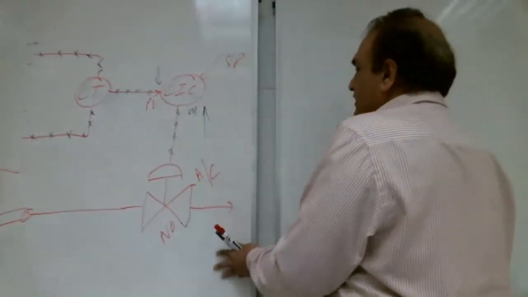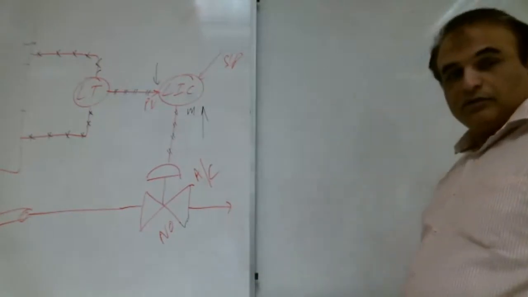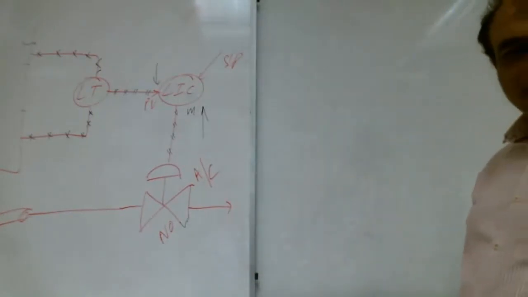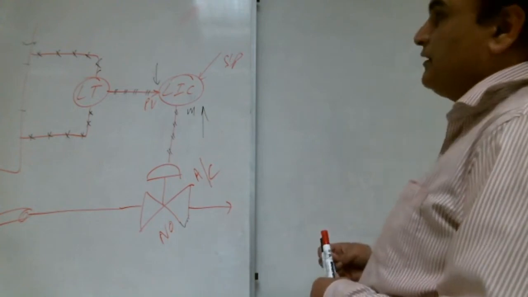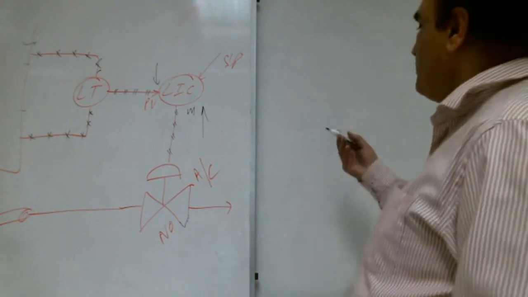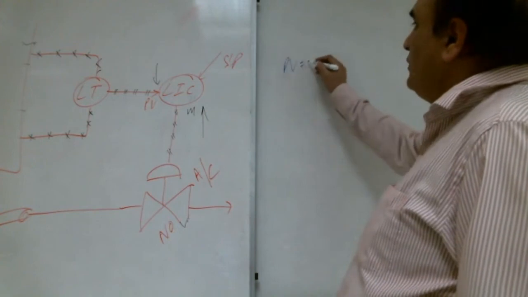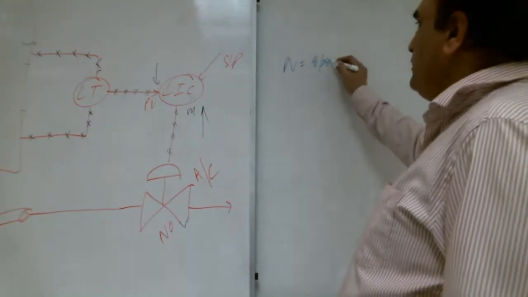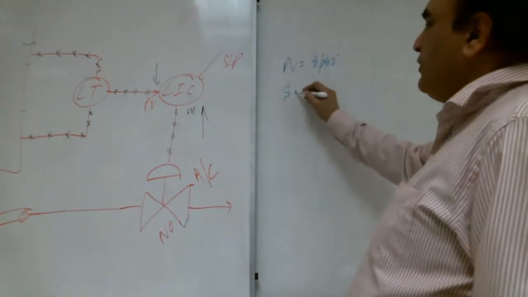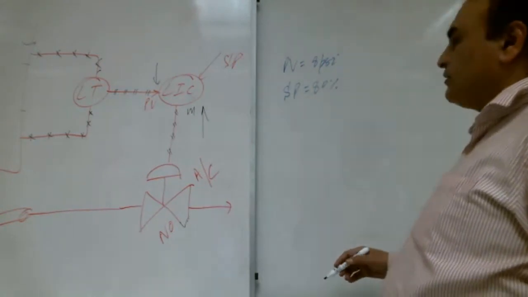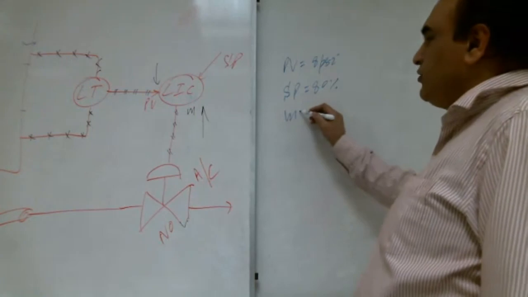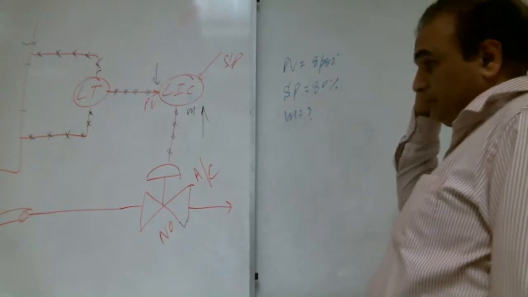Okay, Shabab, now this question, a similar question comes in the exam and on the plant in a lot of places. For example, the PV is 8 psi, the set point is 80%, right? Calculate the output of the controller.